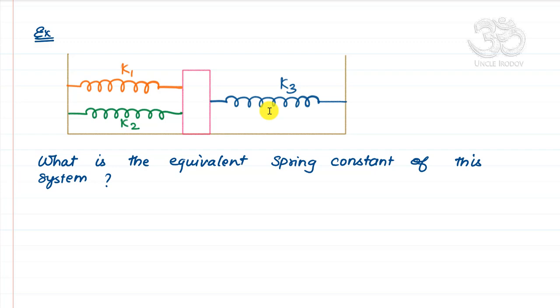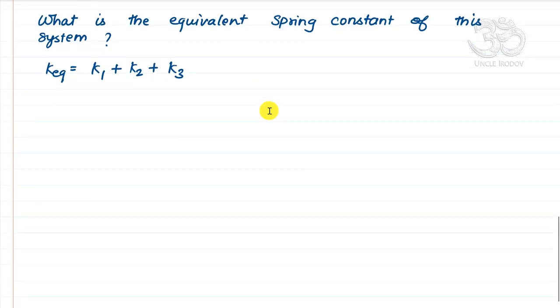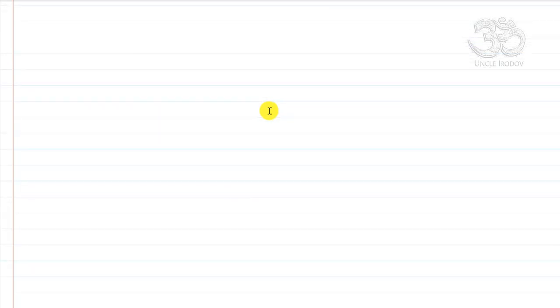From the previous experience, you now know that K equivalent will be K1 plus K2 plus K3. That's all. So now, having done this, let's move on to springs in series.